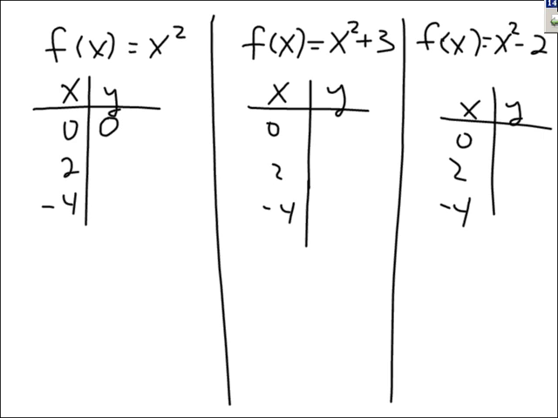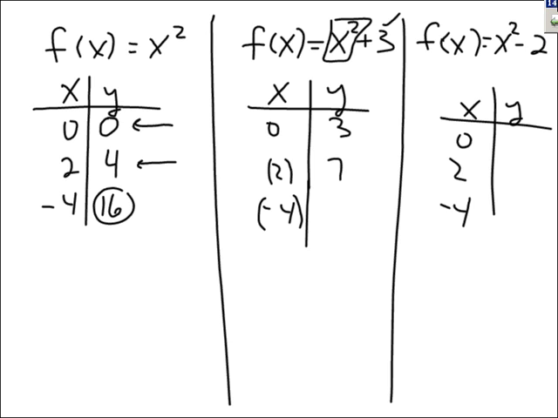Well, you square 0, 2, and negative 4, you get those numbers. But that's exactly what I need to do here. But then I add 3. I take 0, I add 3. I take 2 squared, 4, I add 3. I take negative 4 squared, which is 16.